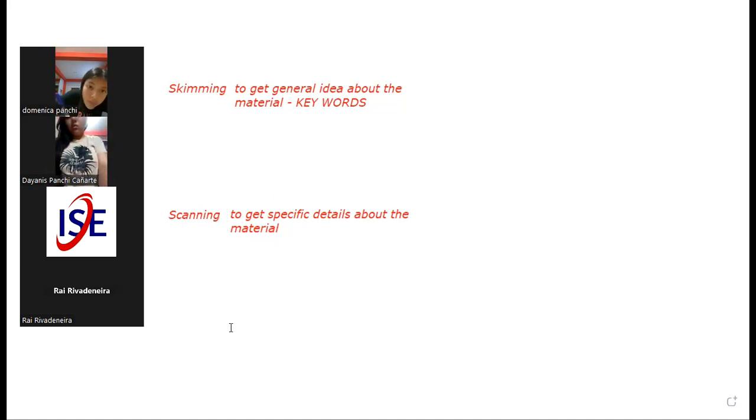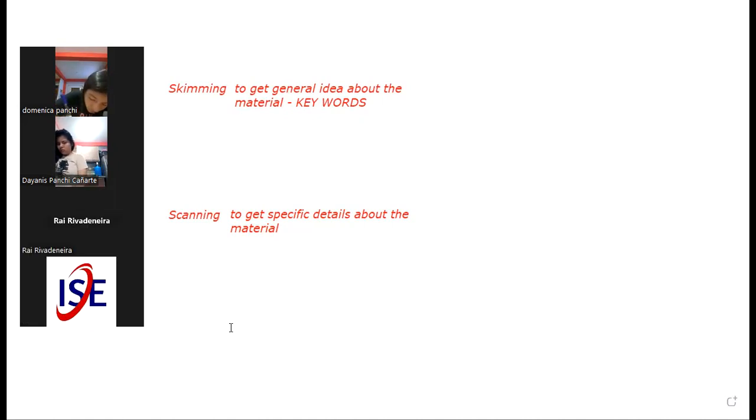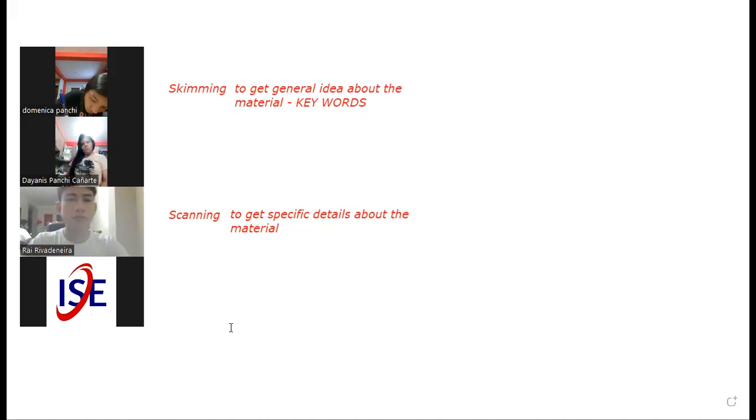We're talking about the 2 techniques, Dianis, Rai, the 2 techniques for reading that you use for reading and understanding text in the shortest time possible. Skimming, when you read and you get just the general idea, and scanning, when you look for specific details. And in that order.